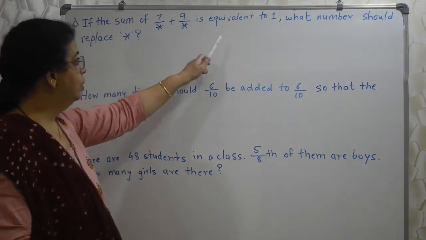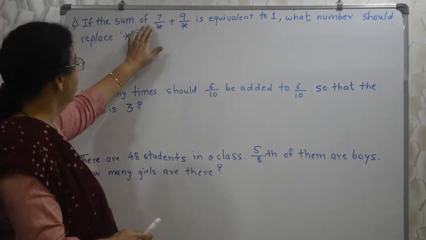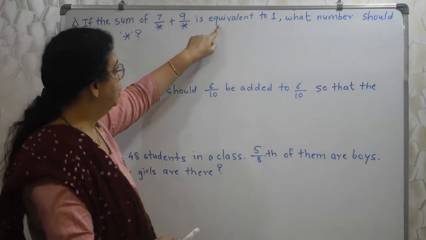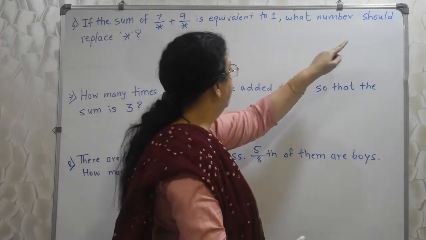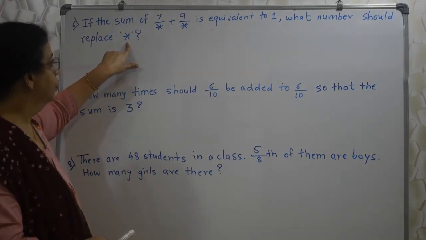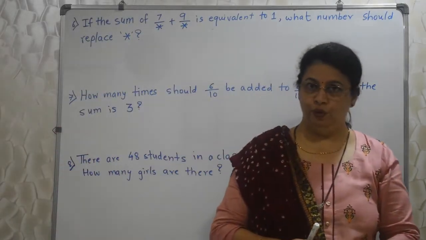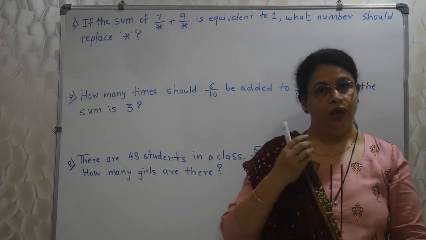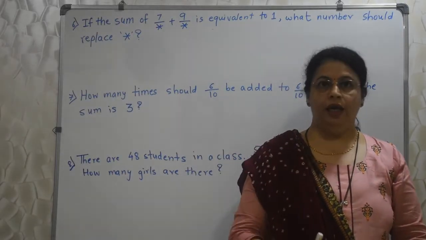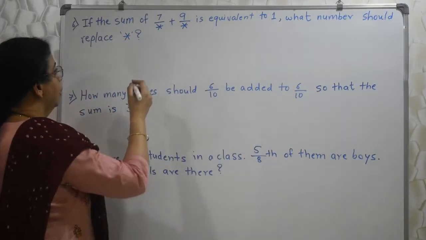Whenever they ask questions like this, I will read out the question for you. If the sum of 7 upon asterisk plus 9 upon asterisk is equivalent to 1, what number should replace asterisk? This looks bit confusing, but if I share with you the trick, you should be able to solve this in 10 seconds.